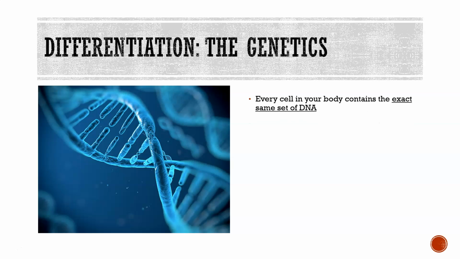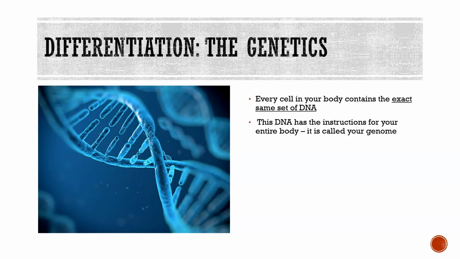Okay, so the genetics behind that. Every cell in your body contains the exact same DNA, whether that's your body, whether that's a sheep's body, whether that's a tree out in the yard. Each cell of that organism is identical in terms of DNA. This DNA has the instructions for your entire body, okay, and that's what we call your genome.